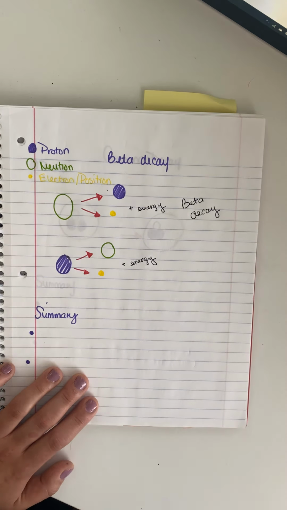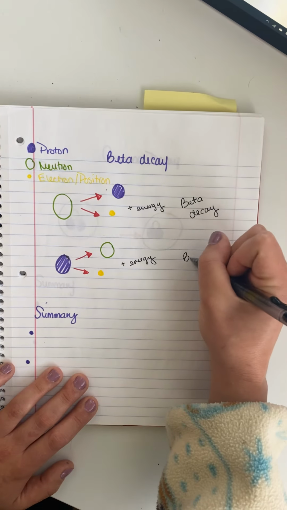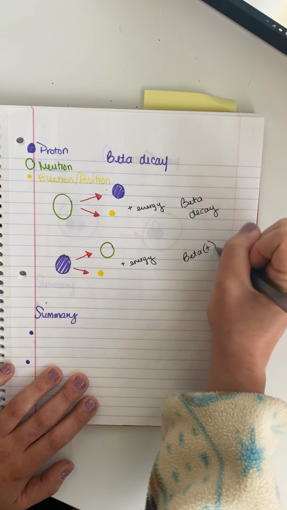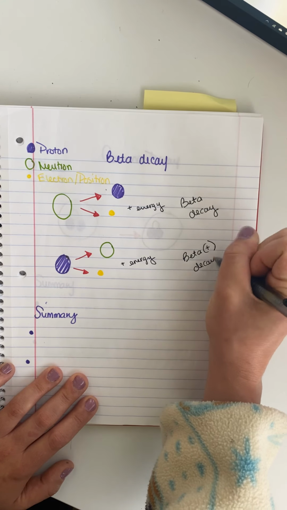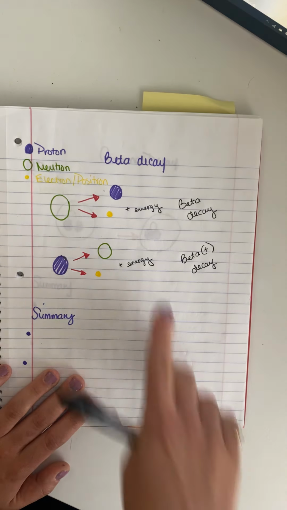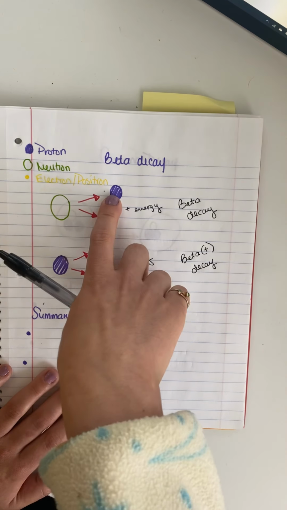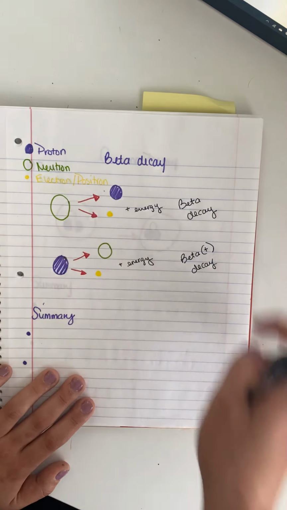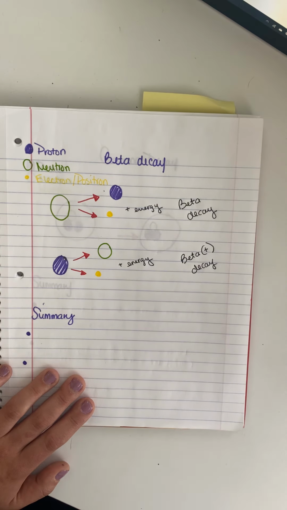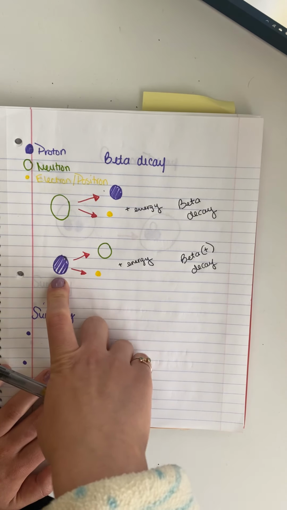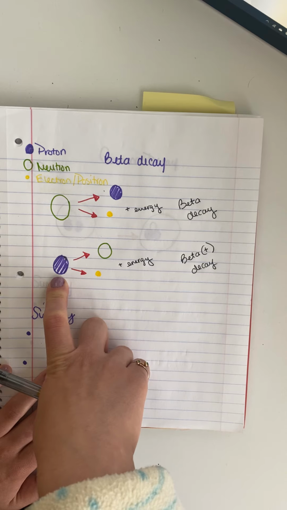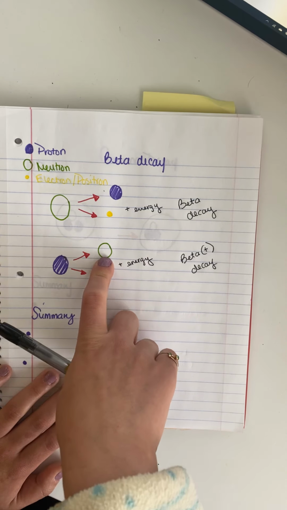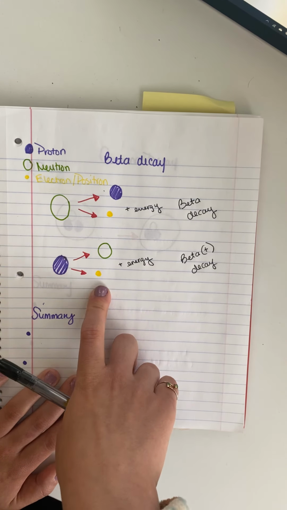Sometimes it undergoes what we call beta plus or beta positive, and that's going to be here, beta positive decay. So there's 2 types of beta decay. There's just the one where a neutron decides, nope, just kidding, I want to be a proton. There's also the kind where a proton says, you know what, I really would rather be a neutron, and changes into a neutron and then what we call a positron.